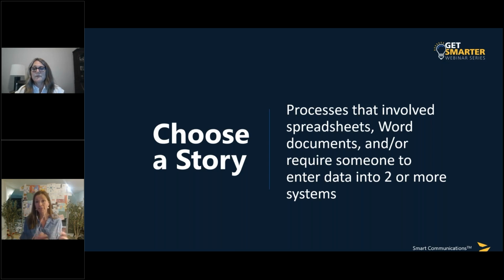Whenever you see those types of tools as part of a business process, or you're aware of someone, or maybe two people, entering the same information, maybe it's the first page of a form, but you know that information is being manually entered into two different systems, those are really good indicators that SmartIQ could be a tool to help collect and automate the transfer of information in those processes.